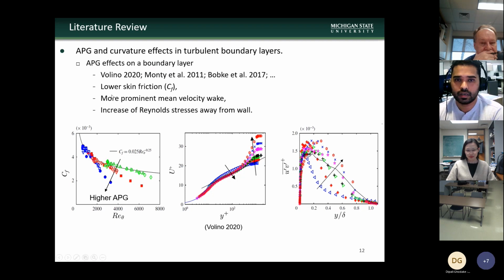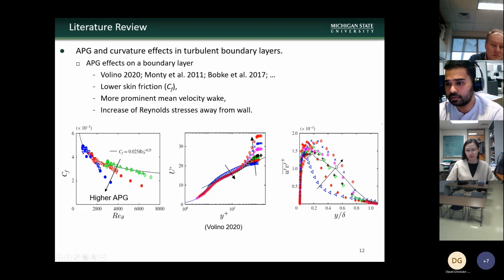Some of the main effects of APG on turbulent boundary layer are that as we go along the streamwise direction, with increase in adverse pressure gradient, we have a faster reduction in skin friction. Secondly, we have higher wake effects: as you keep on increasing APG, in the mean velocity profile the wake content of the turbulent boundary layer increases, as well as the logarithmic part depletes. And the third is the Reynolds stresses: with increase in APG, we have higher Reynolds stresses, especially away from the wall.